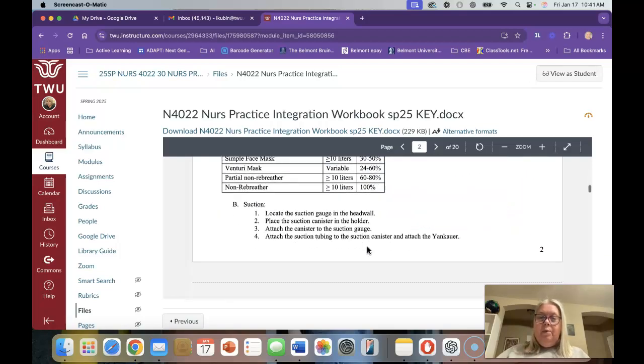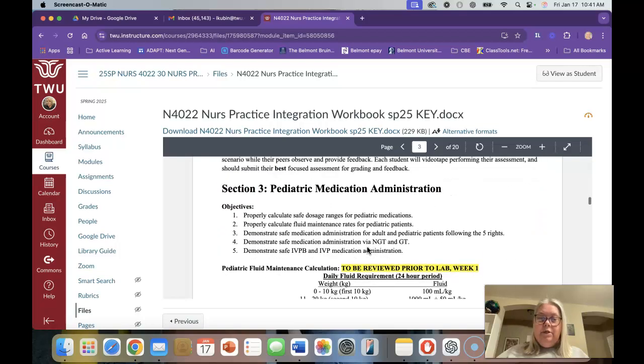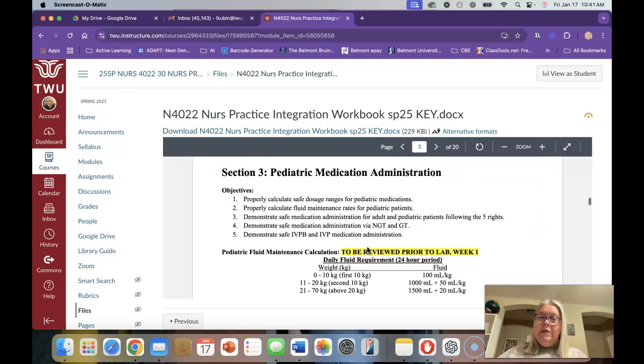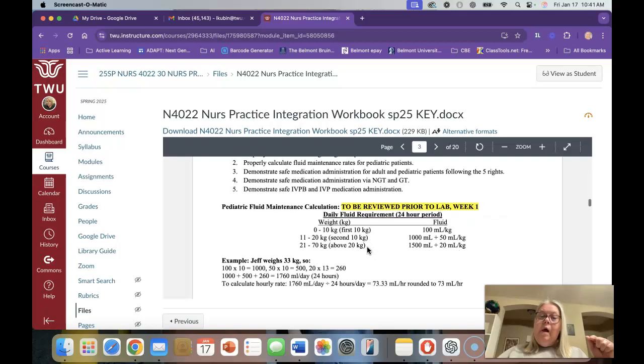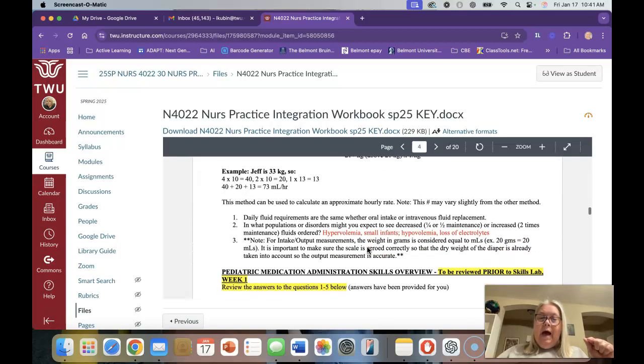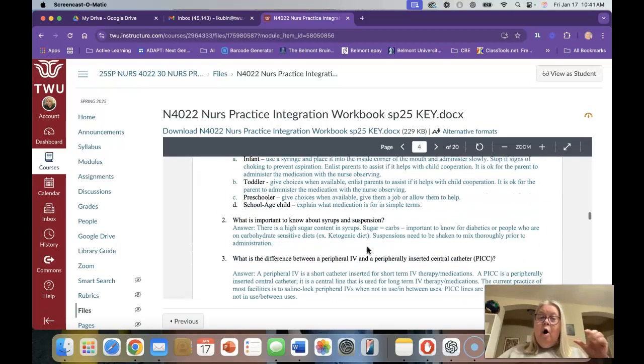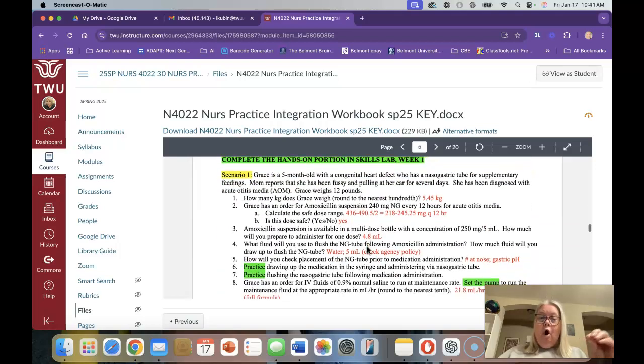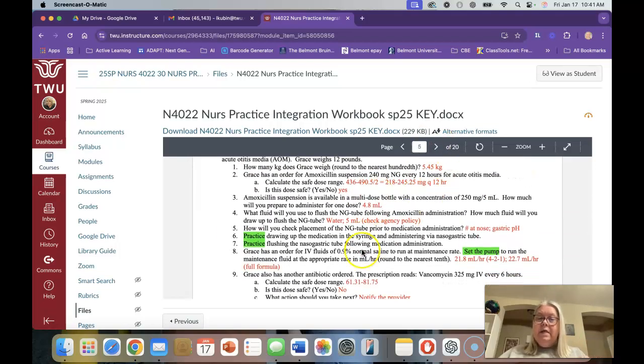The other thing I wanted to point out, please excuse my scrolling, is down here in the medication administration room. The students are going to come already having done all of this work. They will have already done all this calculation, and they will have already done the prep work, knowing how to crush the meds, mix them up with the water, and be ready to administer the meds via the NG tube and the G tube.